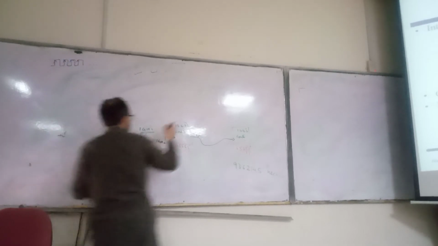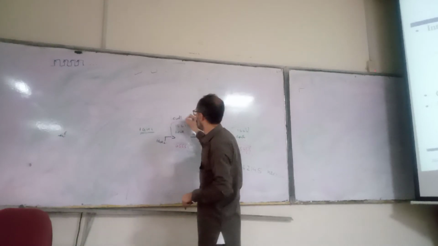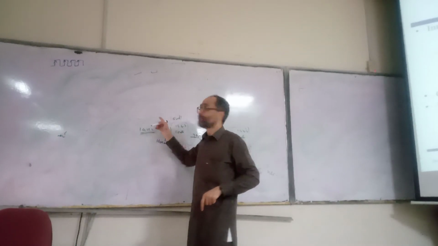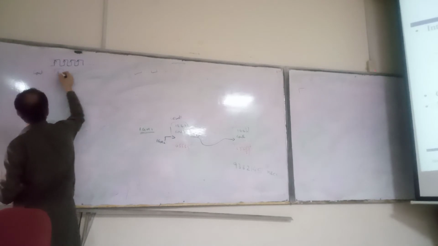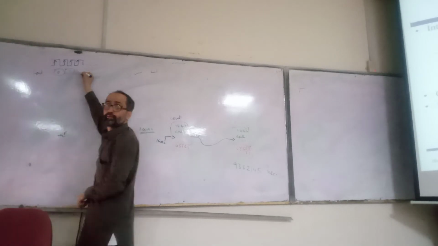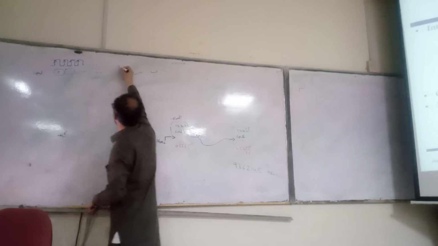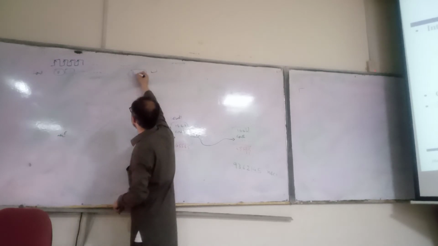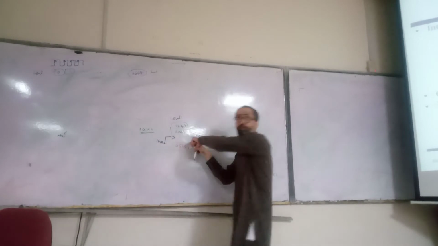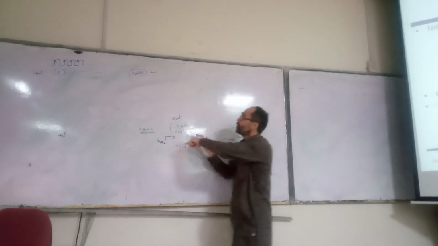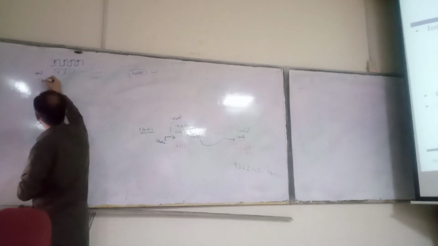Initially, what will be the value of this count? I call it count 1. It goes 0, then 1, up to 65,535. When it reaches 65,535, the top signal will be 1. Initially top is 0.